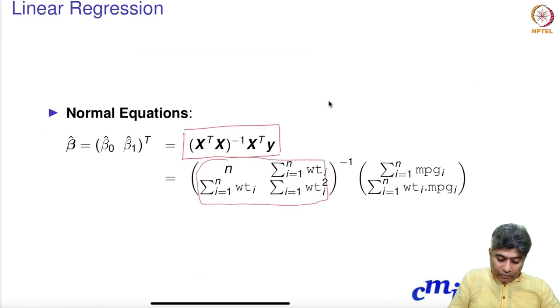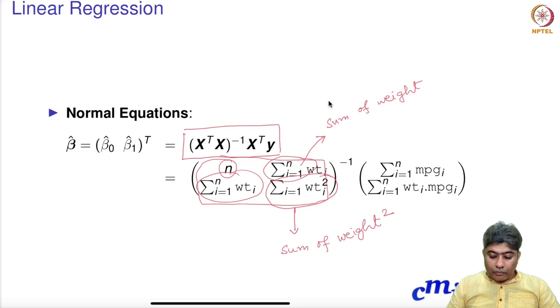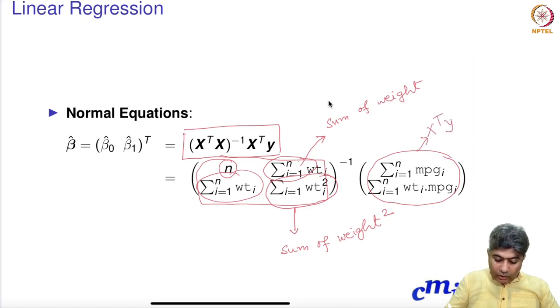The first element is n, the second element is the sum of the weights, the same for the off-diagonal, and the last is the sum of weights squared. It is a symmetric matrix, since X transpose X is always symmetric. Then this is our X transpose y, and this is our X transpose X inverse.